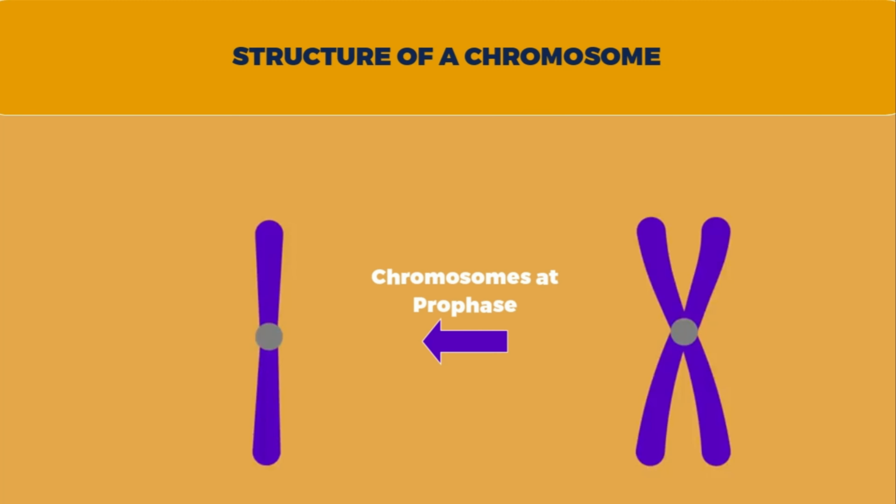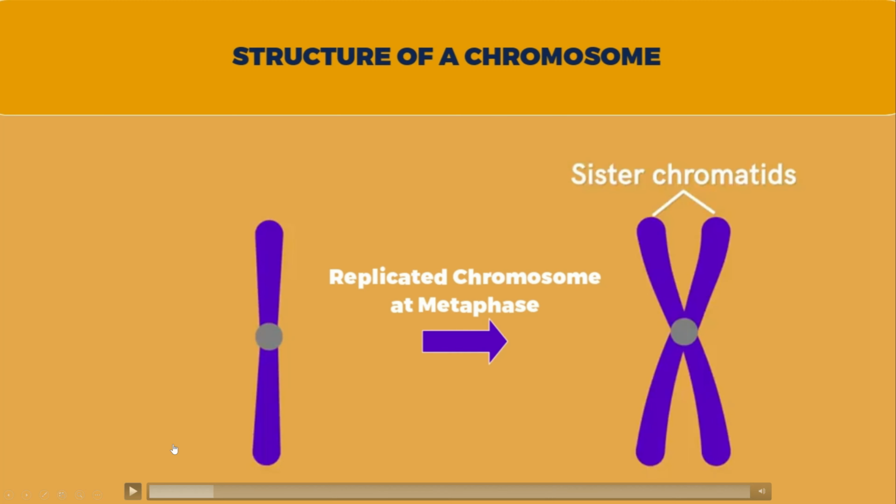What you see on the left is chromosome at prophase represented by a single strand, while what you see on the right is a chromosome at metaphase where chromosomes replicate right before cell division and appear like an X. The two replicated strands are called sister chromatids, which are connected at the centromere.